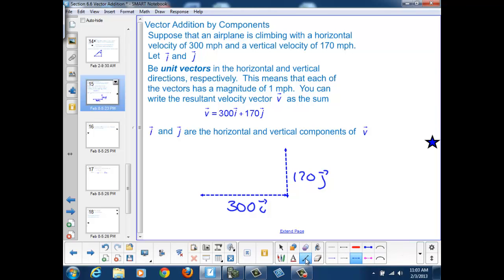And our resultant vector, where we started to where we ended, would be my vector v, with a certain angle theta. So that's how we would depict this final vector v.